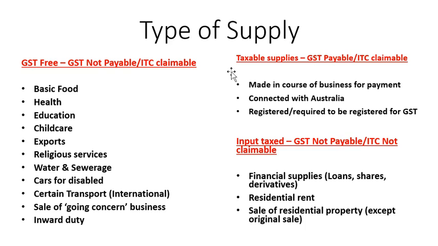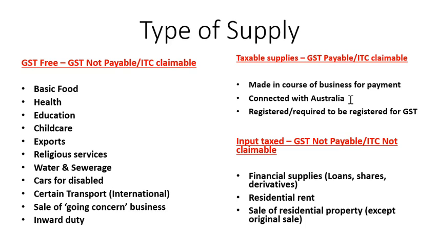They're also connected with Australia in some way. This could be that they're imported in from overseas, and then once they've come to Australia, you're then selling them to consumers. That's connected with Australia. Or if you import everything from overseas, but you assemble it in Australia, that's also connected with Australia.